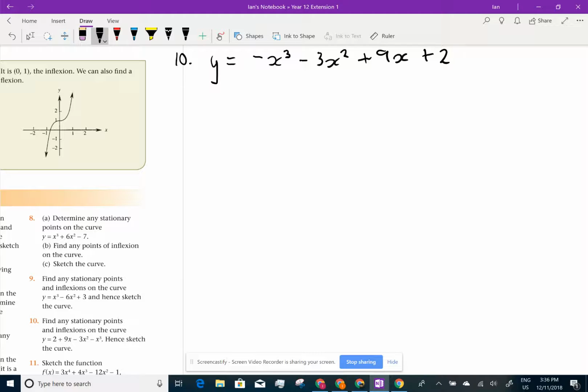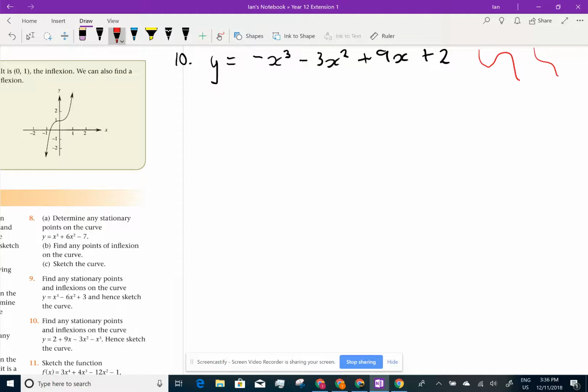Okay, so I know it's a negative cubic, so the first thing I know is that it could do something like that. It might not have two turning points, it might just go like that, but I'm pretty sure it's going to have those two turning points because it says find any stationary points and inflection.